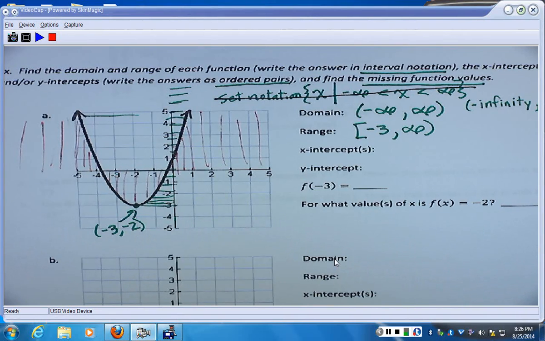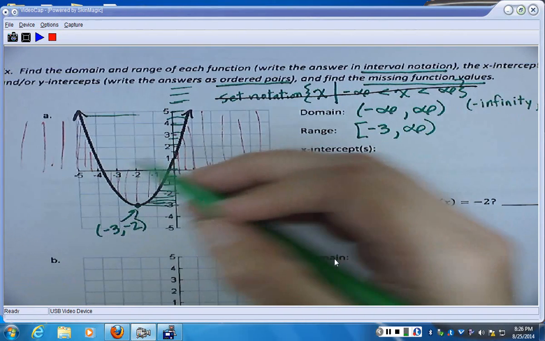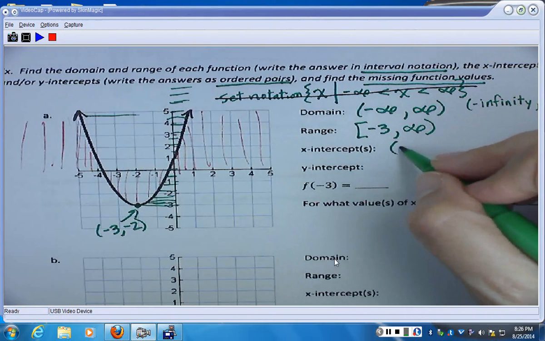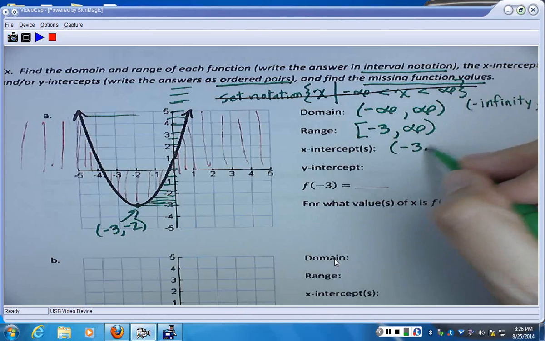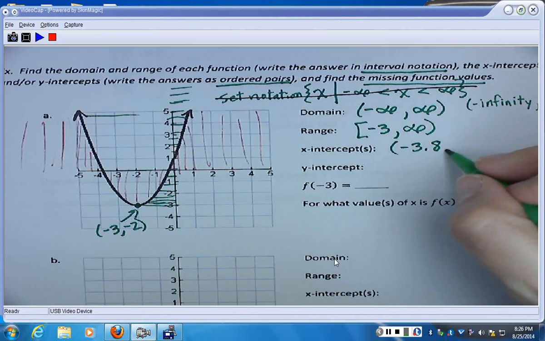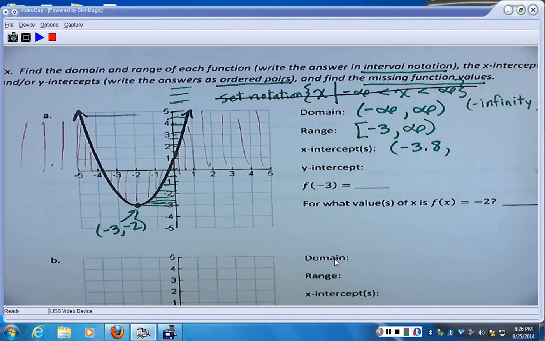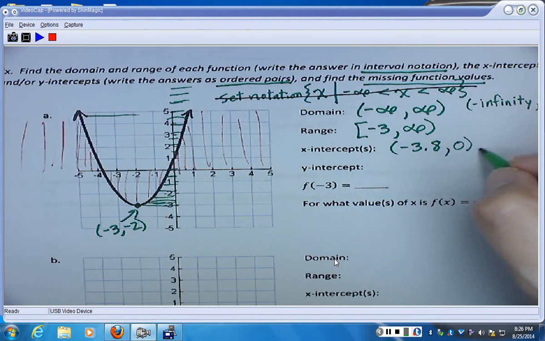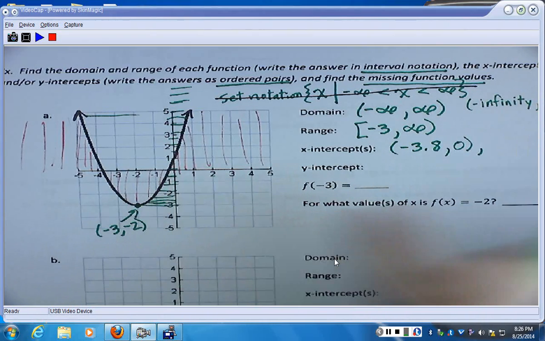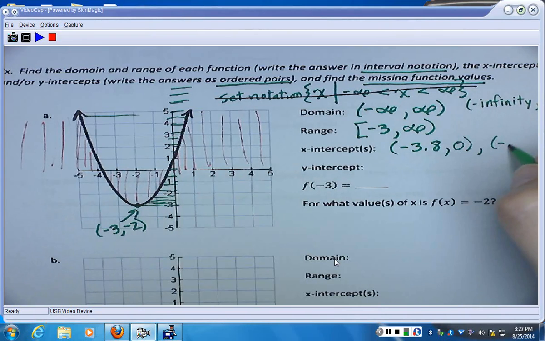All right, and then the x-intercept, and just approximate it. There are 2 x-intercepts. Negative 3.8 maybe, or 3.7, it doesn't matter, comma 0, and the other x-intercept, negative 0.2 or something, or you said 0.4.